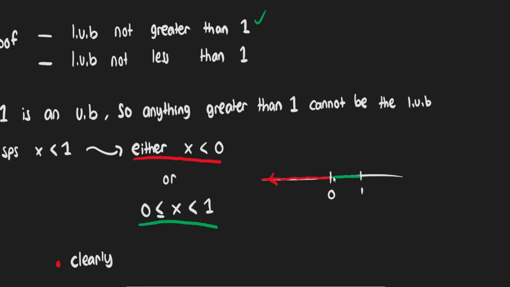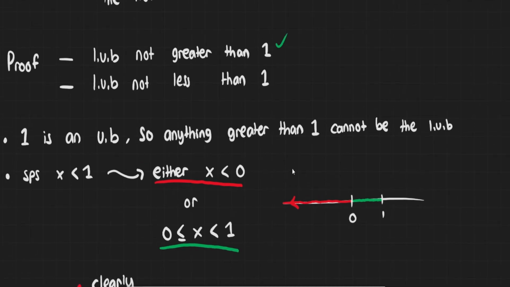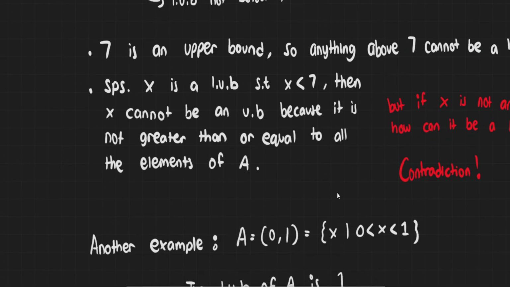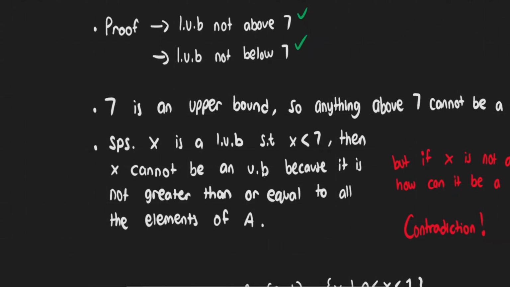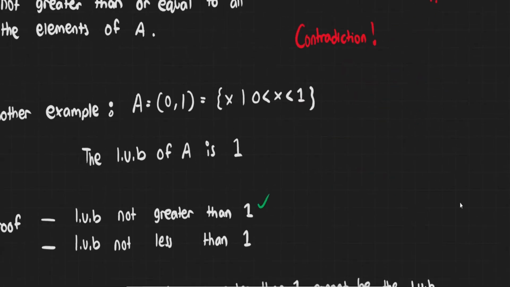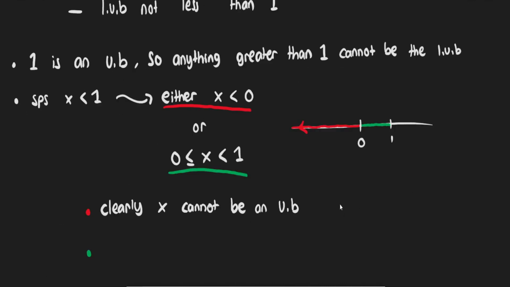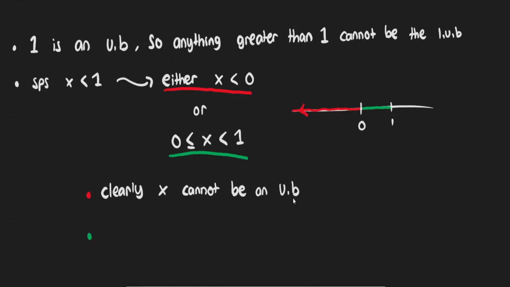And so if you want an upper bound of A, then it has to be somewhere above the green line, so around somewhere over here. So clearly, if x is in the red line, then it's not an upper bound. And again, as we have said, if it's not an upper bound, then it cannot be a least upper bound. Contradiction. So clearly, x cannot be an upper bound, and hence it cannot be a least upper bound.